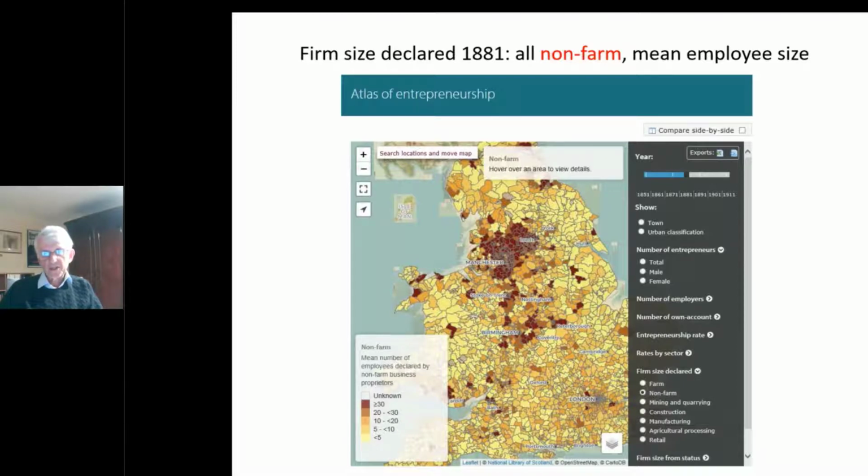And this is crude, obviously, it's the mean only, and it's in size classes which are fairly aggregate, but it shows you the bigger firms with an average of over 30 workers are in the conurbations, in Yorkshire and Lancashire, in the Midlands, the potteries, and again, some of those quarries in North Wales and in London, but you have to zoom in to really see the London detail. So that's the non-farm mean employee size, and the sort of pattern you'd expect.